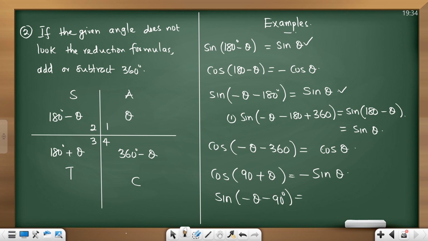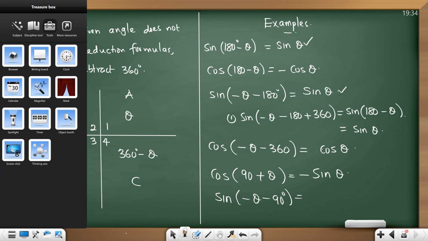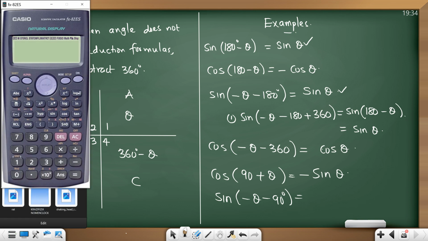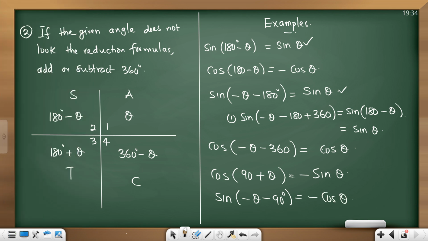Is it negative? Okay, you're changing your answer to negative. Let's check everybody quickly. So I'll say sine negative 1 minus 90. It's a negative. And 90 means change. My beautiful learners, you are done.